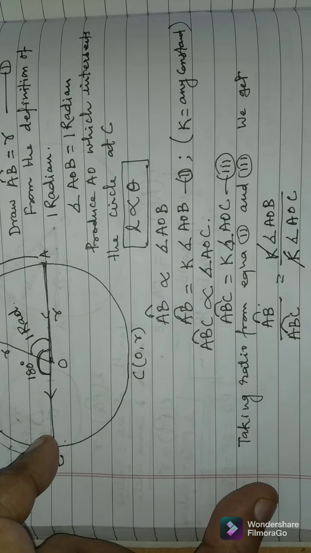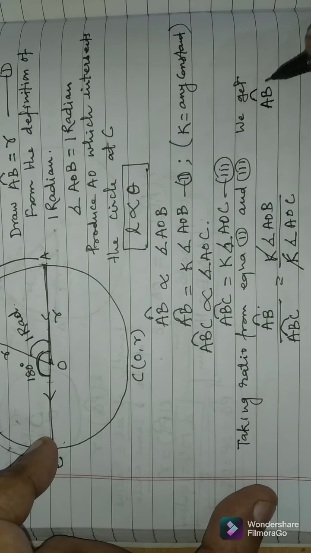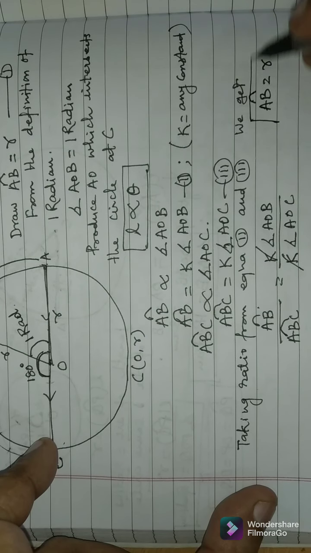So K will cancel, and you know that arc length AB is equal to radius from 1.